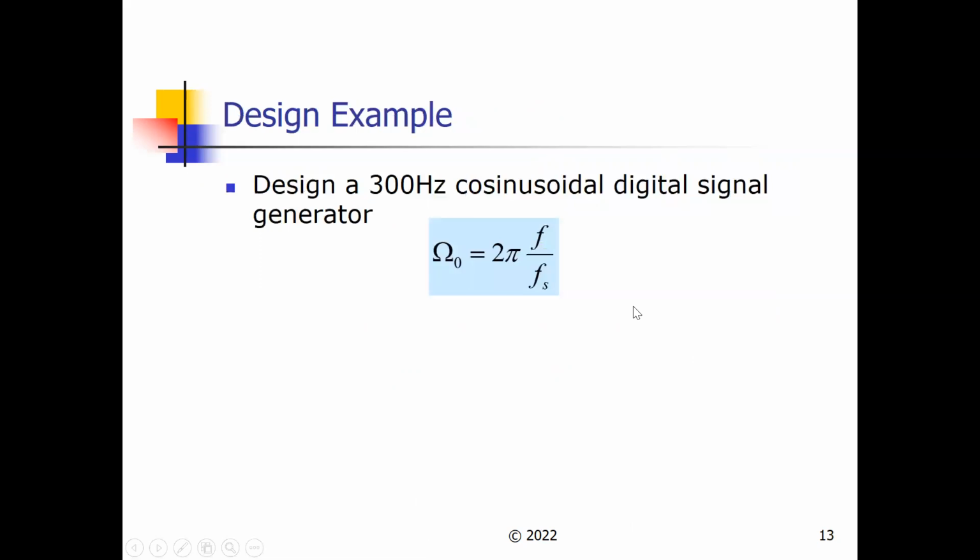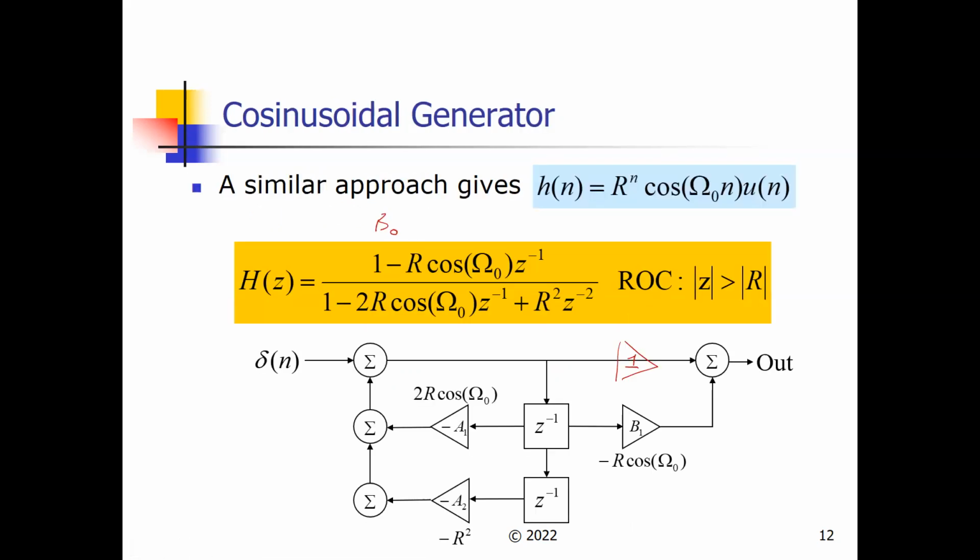Okay, so let's see if this works in practice. The theory is, again, we want Hn. This is the impulse response here. This is the sine or the cosine. Remember, the impulse response is Y(z) over X(z), so Y(z) is equal to H(z) X(z).